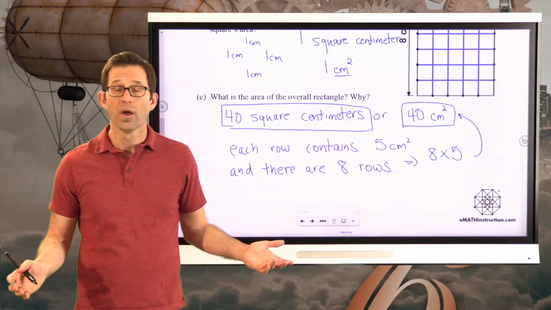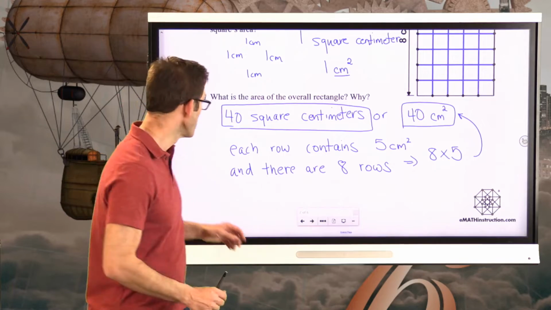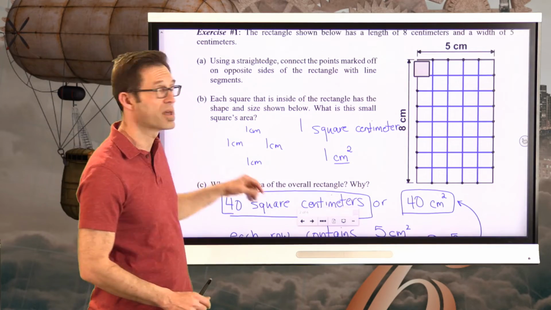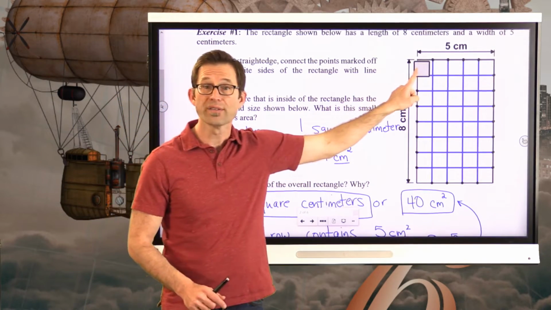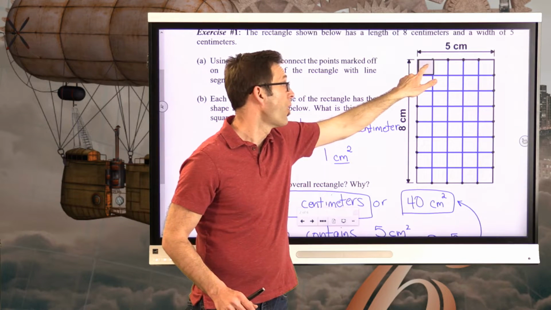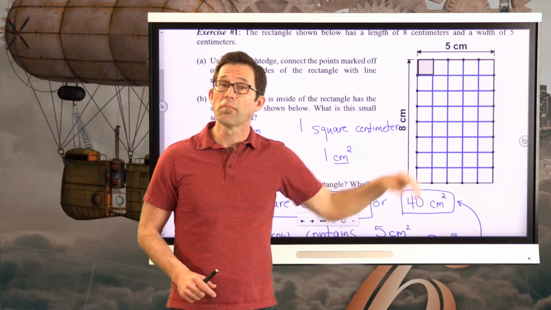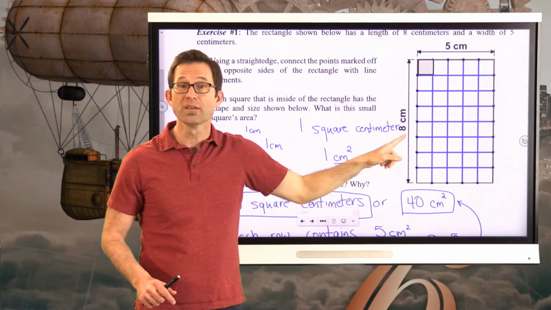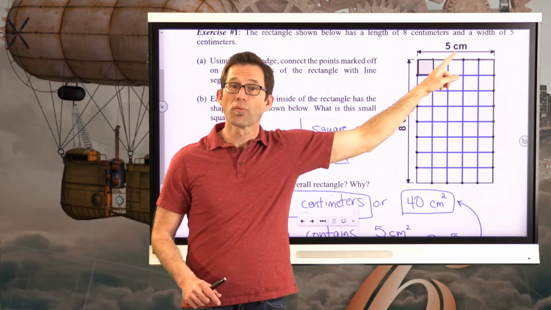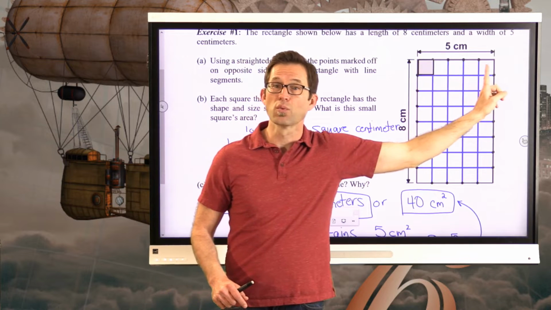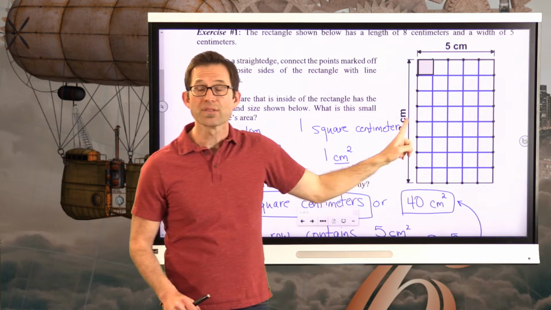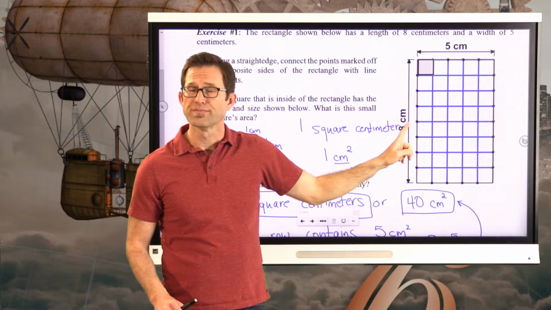That's it, right? We're just counting the number of squares that are 1 centimeter by 1 centimeter, right? These size squares that fall into the overall rectangle. And we get that by taking this number times this number, because this number would represent how many squares would lie in a row, and this number would represent how many rows.